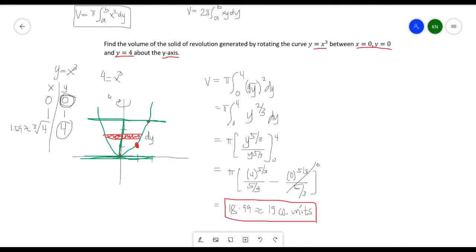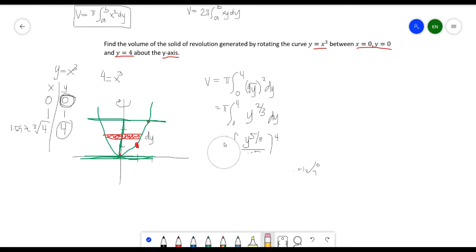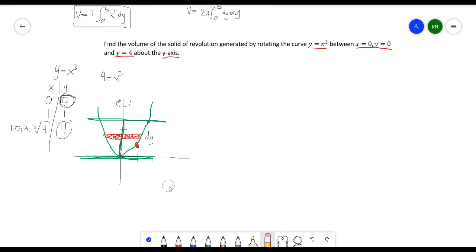In this case, our axis of rotation is the y-axis, meaning our strip should be a vertical strip. So let's erase this one, but you have to remember that the final answer is 19 cubic units. We should come up with the same answer later on.